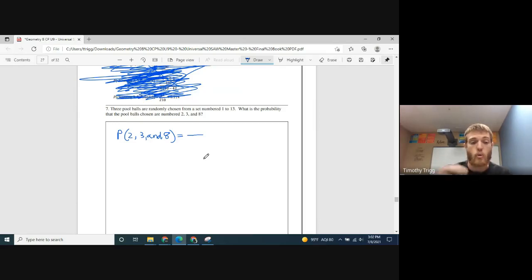What's the probability I get one of the ones I want, 2, 3, or 8? If I pull out 2, 3, or 8 on my first draw, I'm happy. There are 3 good numbers out of 13 pool balls.